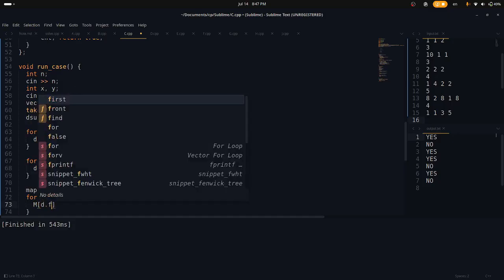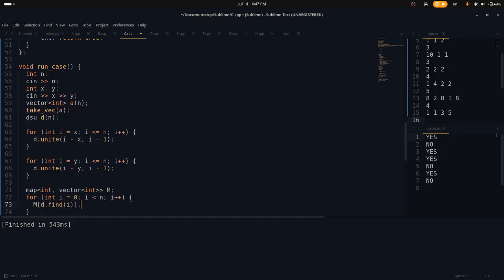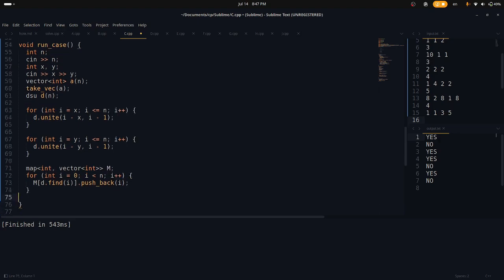So m of d.find of i .push_back of i, or maybe just i. Then after that we'll just do this.